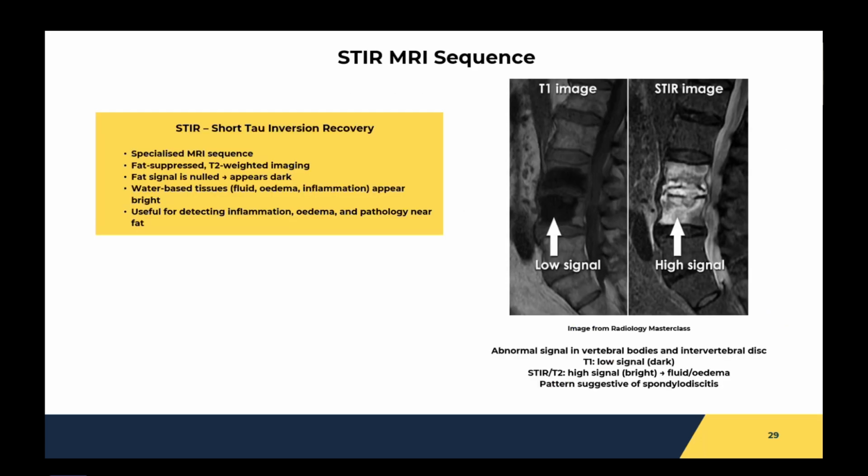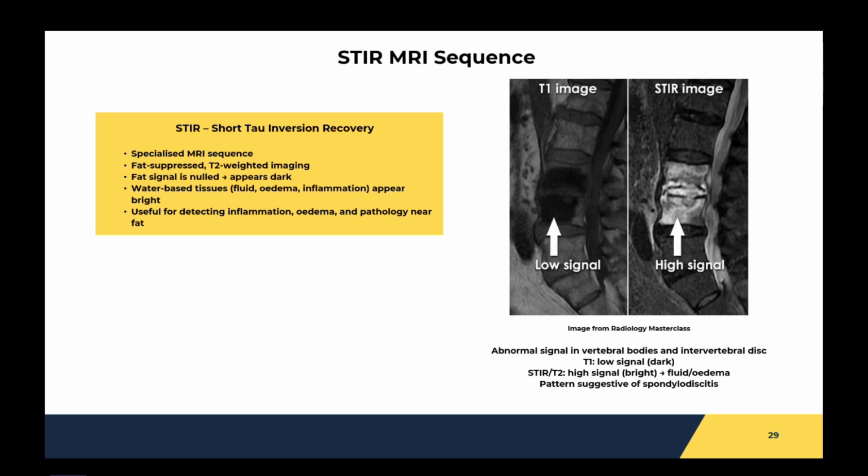So I just want to briefly talk about STIR. STIR is a specialized MRI sequence that's really useful when it comes to spinal imaging. It's based on a T2 weighted image, and what STIR does is it suppresses fat signals. As we said from the previous slide, on a T2 weighted image, two tissues are bright, both fat and water-based tissues.